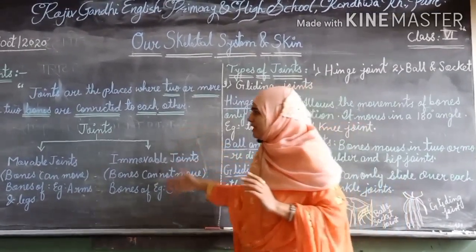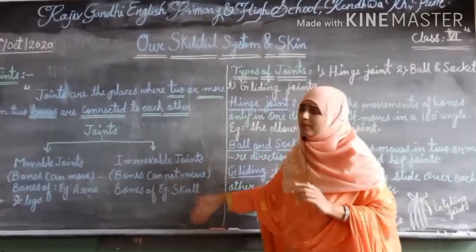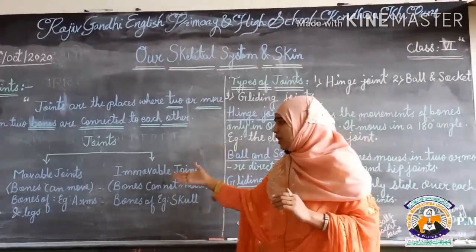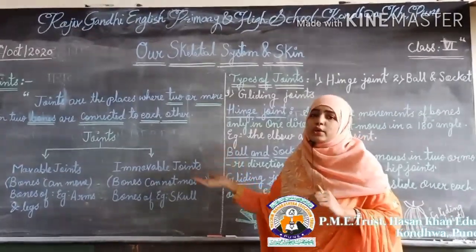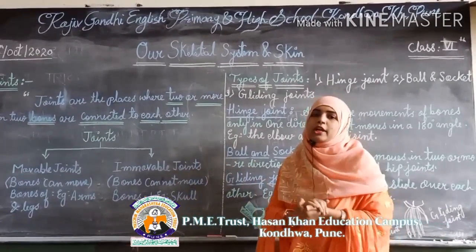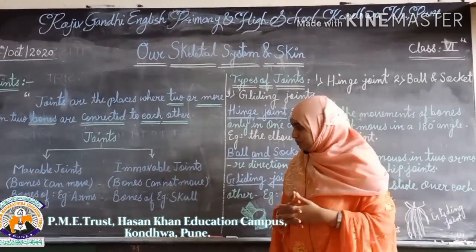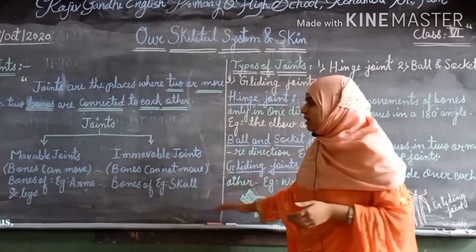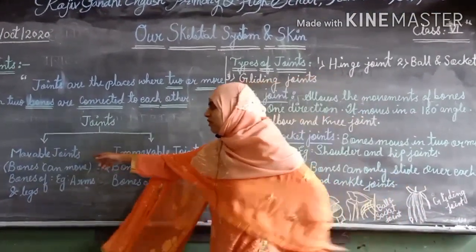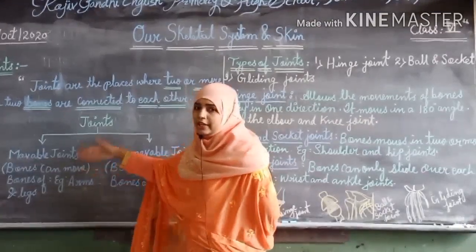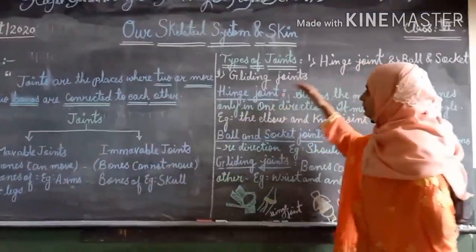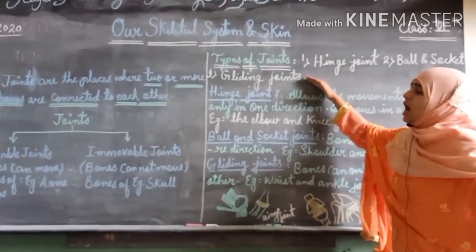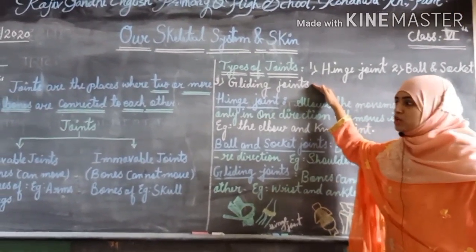Understood? So this is the basic differentiation between movable joints and immovable joints according to the bones' condition or flexibility. In movable joints we are discussing in detail three types of joints. How many types of joints do movable joints have?